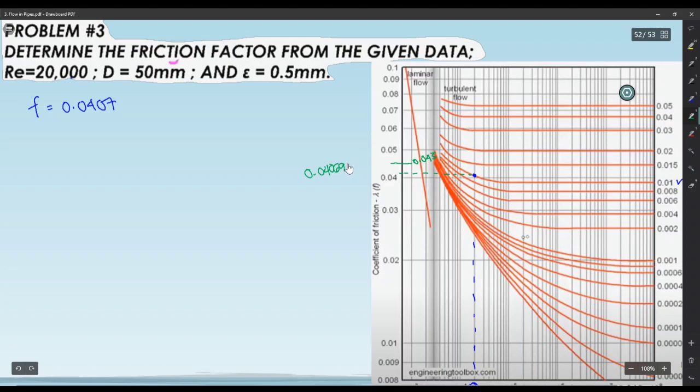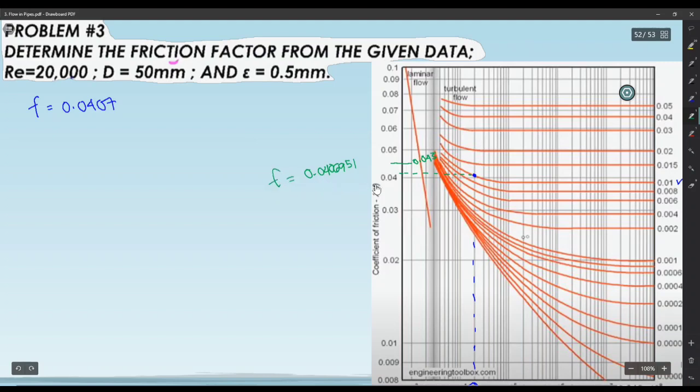O 4? 4 tapos 2. Ay, mali. Ano pala to? 5 to. 5. Malinaw na mata, no? Nabasa ko yung ganong reading. Okay, so makikita nyo. Binibiro ko lang.